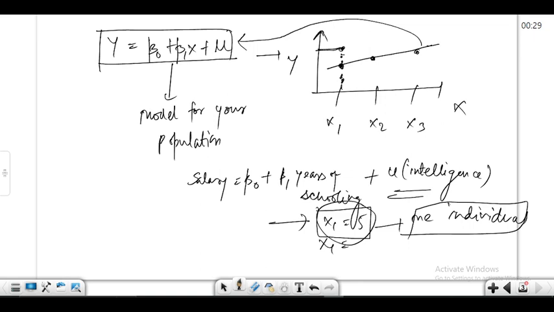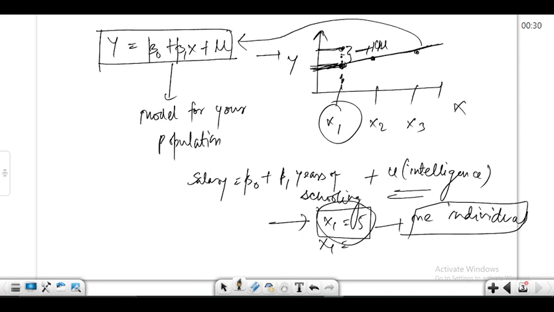But there will be an average value of y that will represent the entire population average for a given x1, and that will pass through your simple regression function, that is the model that you have created. So this gap between the value of y for a given x1 and the average value of y that is representing the entire population, that is your error term or u, okay.